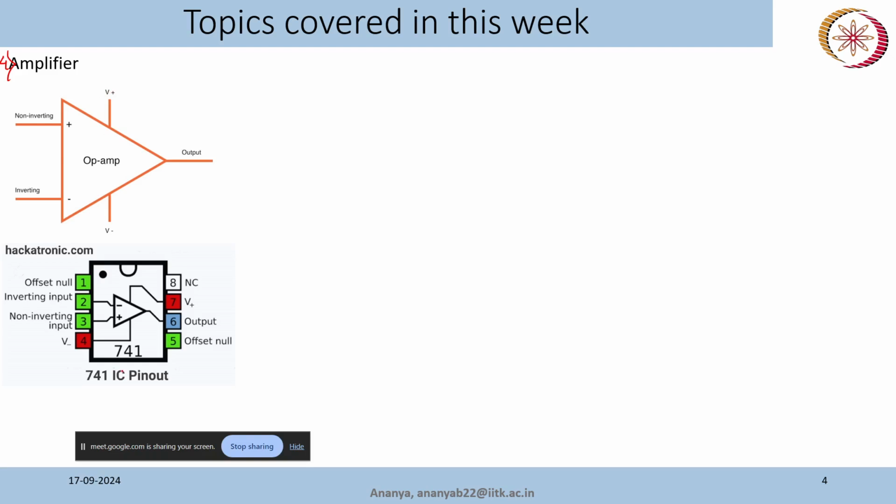For the op-amp, the circuit number is IC741. Maybe you have done some experiment at UG level with IC741. So this is the pin diagram.